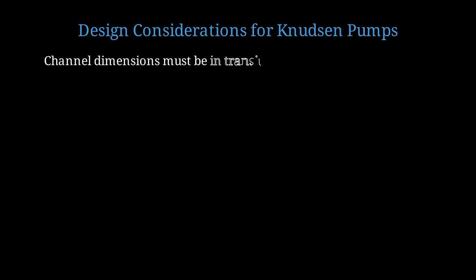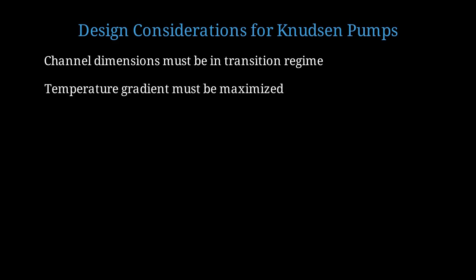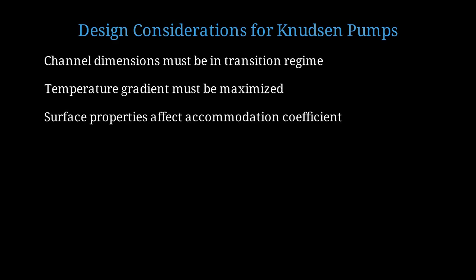If we want to design an effective Knudsen pump, what factors should we consider? First, the channel dimensions must be chosen so that the Knudsen number is in the transition regime, typically 10 to 100 nanometers. The temperature gradient along the channel should be maximized for maximum pumping effect. Surface properties matter greatly. The thermal accommodation coefficient determines how well molecules equilibrate with the wall.